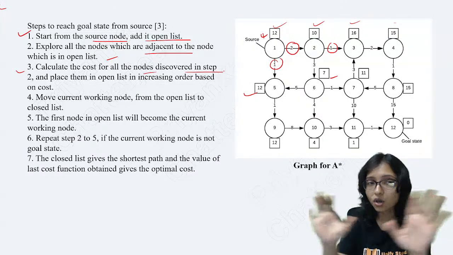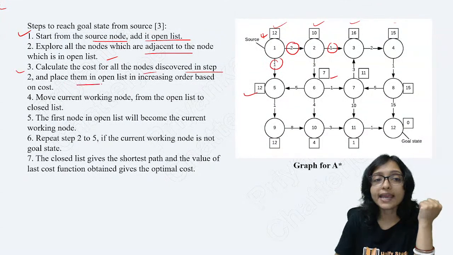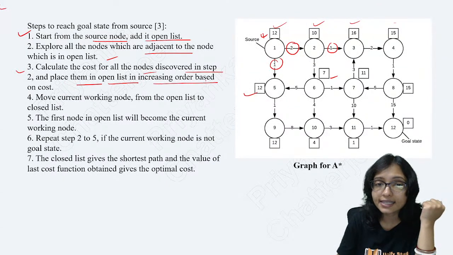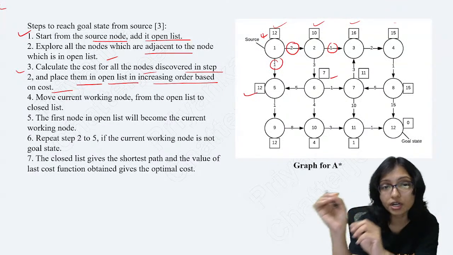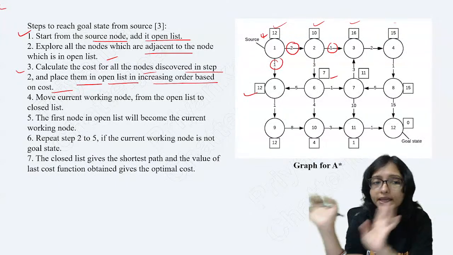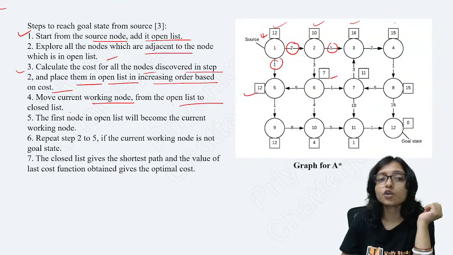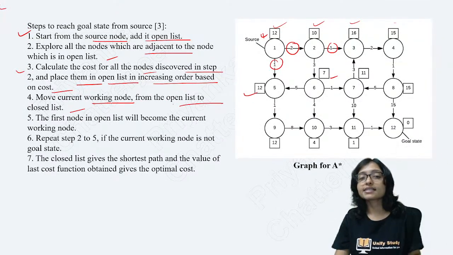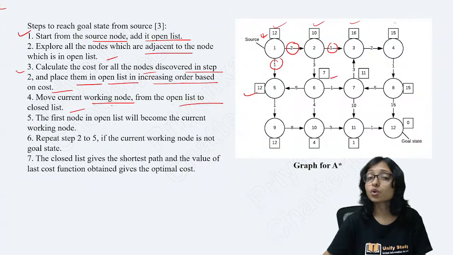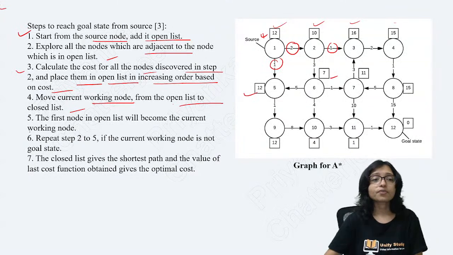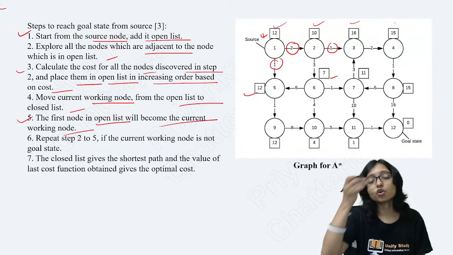We will calculate the cost of all the newly added nodes and place them into the open list in increasing order based on the cost. Now move the current node from the open to the closed list. Whenever the adjacent list is prepared, the current node will be placed in the closed list. Same concept. The first node in the open list will be the current node now.